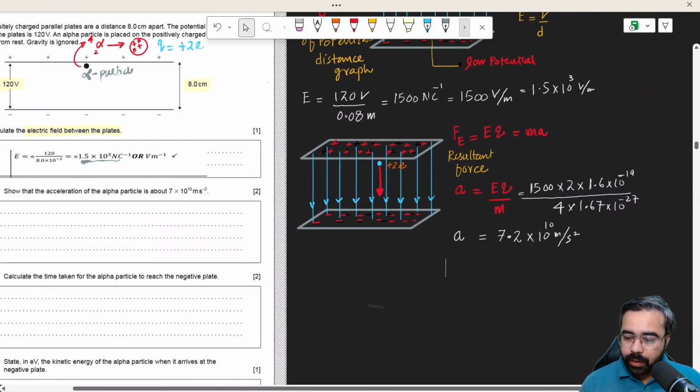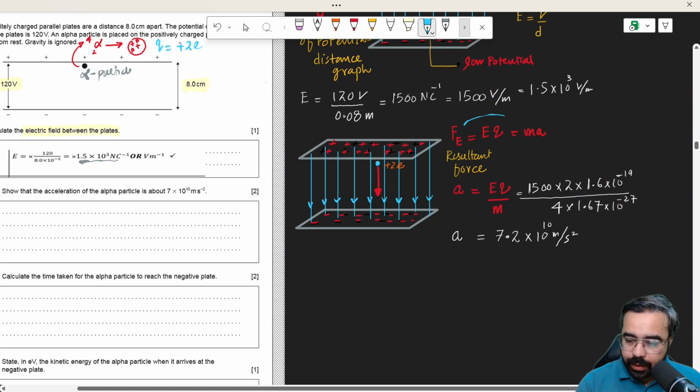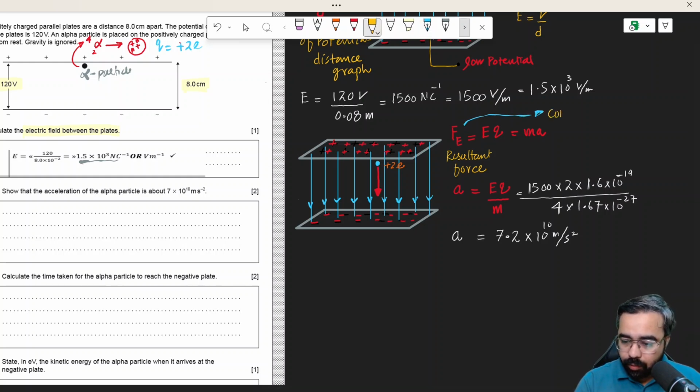Now one thing you should understand is that this is a constant force, right? Why is it a constant force? Because this is coming from a constant electric field strength. We had seen that the electric field strength is constant, uniform between these two oppositely charged parallel plates.